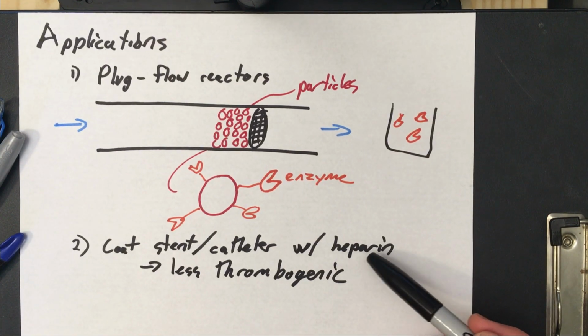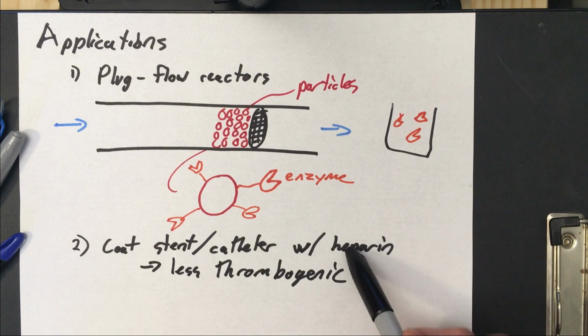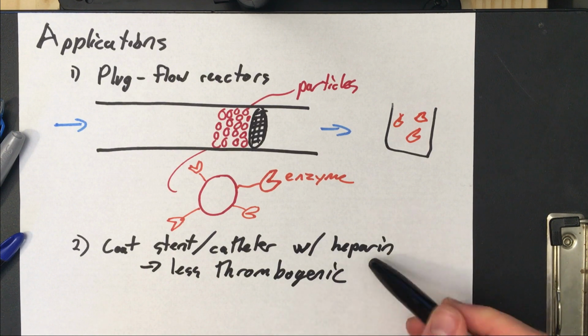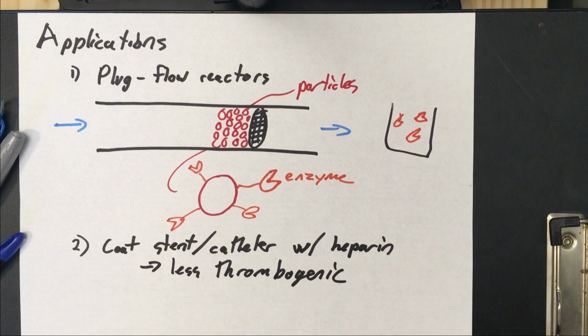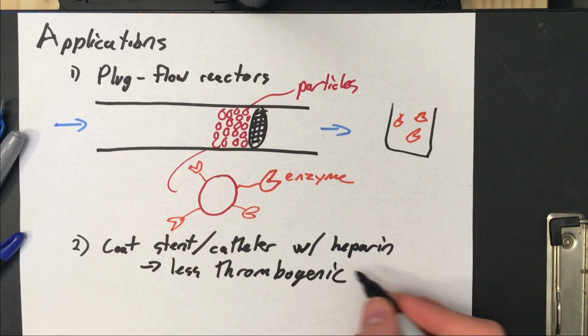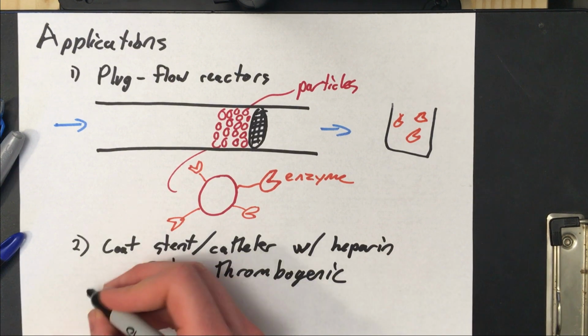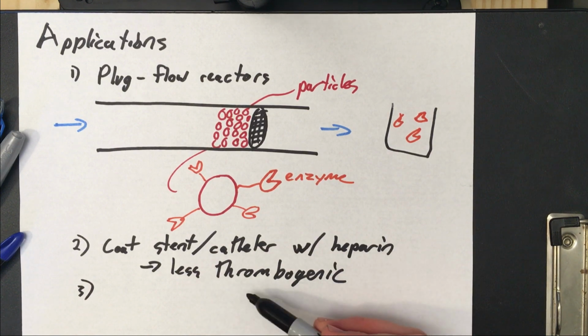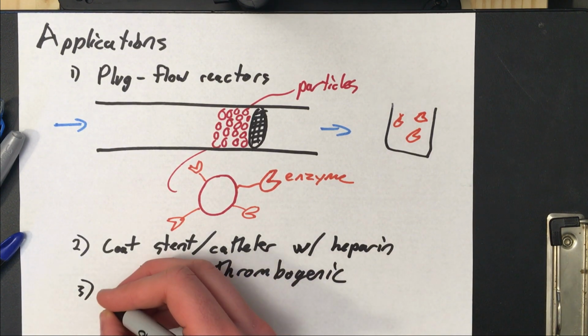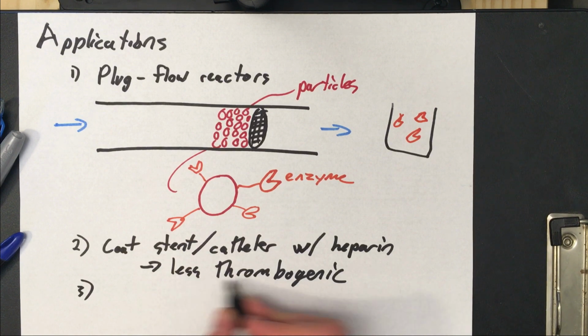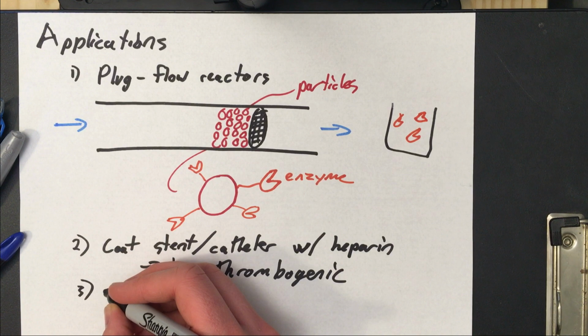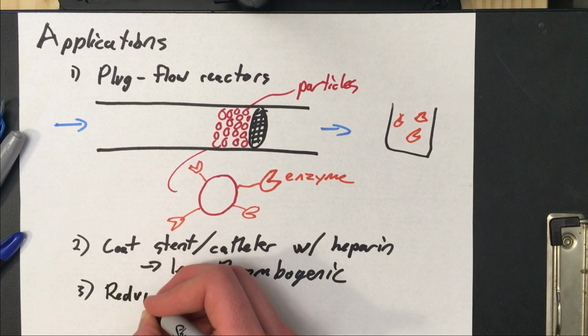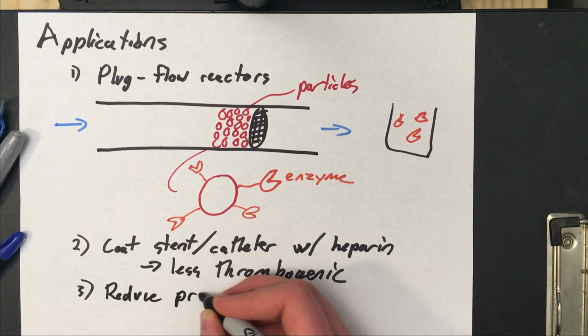So heparin can often break down after a while. It doesn't last forever, and also, it can be finicky as it's a biomolecule, or potentially expensive to produce and purify. There are other hydrophilic molecules that you can graft to the surface of things to similarly reduce protein adhesion or reduce thrombogenicity.